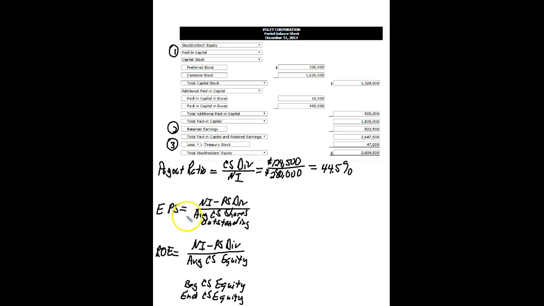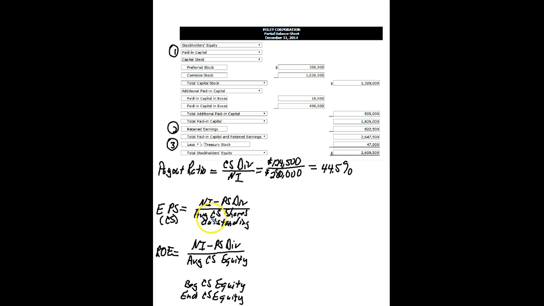The second ratio is earnings per share. We're only focusing on the common shareholder here because common shareholders have voting rights whereas preferred shareholders do not. That's why all three of these ratios look at things from the common shareholder's perspective.